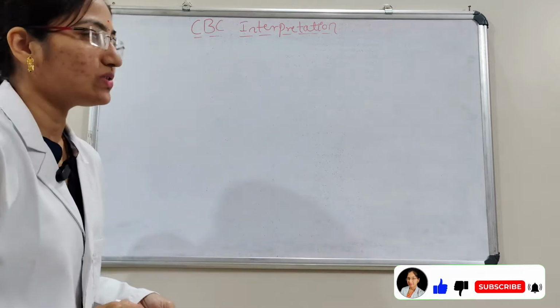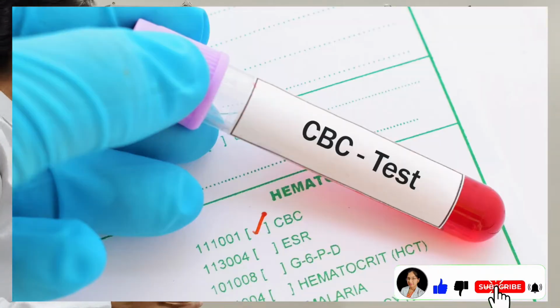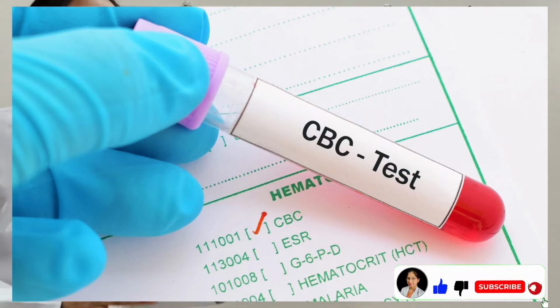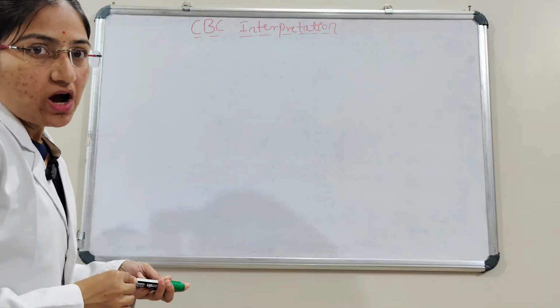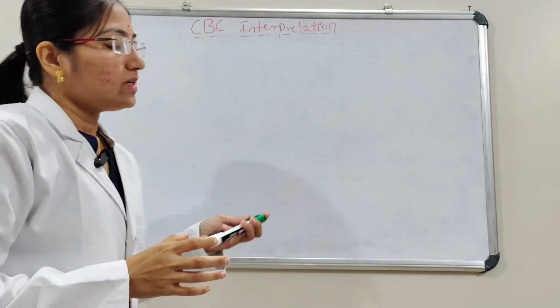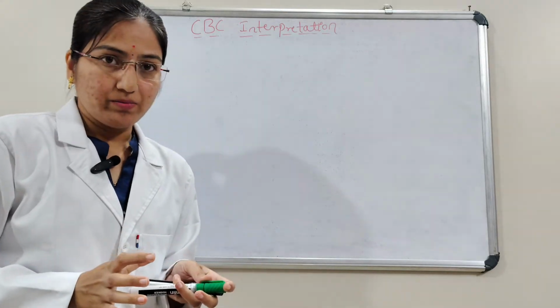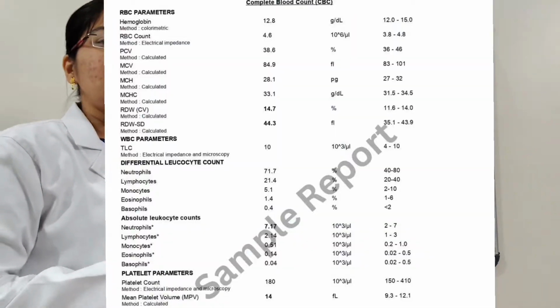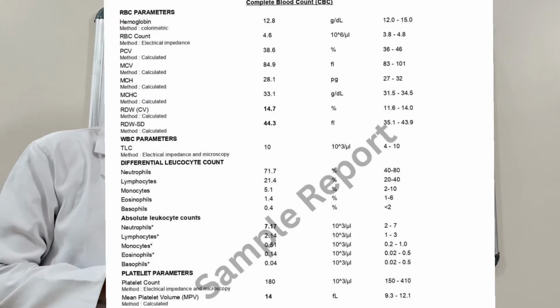In this class, we'll discuss CBC interpretation, complete blood count interpretation. First, we'll see how the CBC report is divided. It mainly consists of three types of parameters.